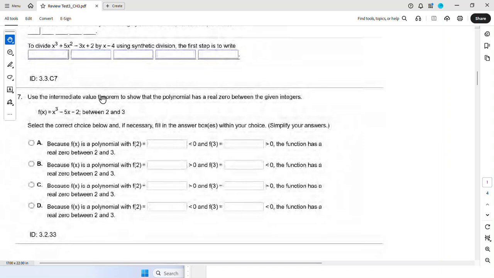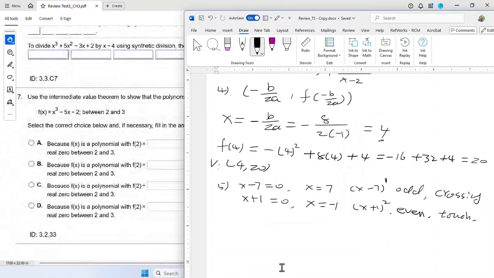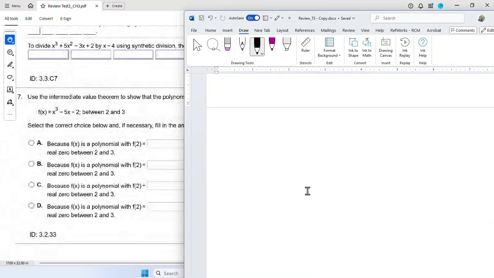This one is using the intermediate value theorem to show the polynomial has a real zero between the given integers. So what does the intermediate value theorem mean? If I do a graph, like I said, this is a linear function with a zero at 2. Before the graph passes 2, y is positive.